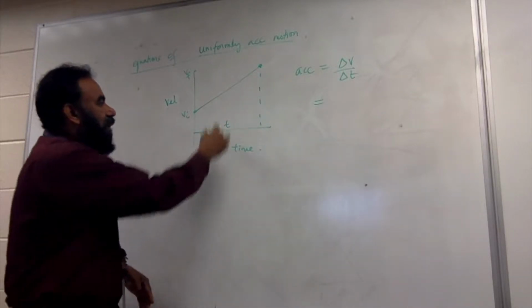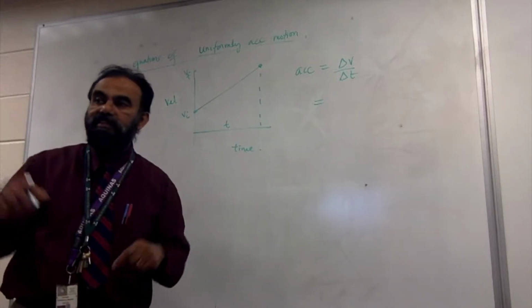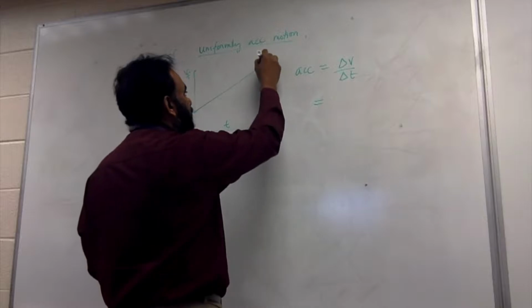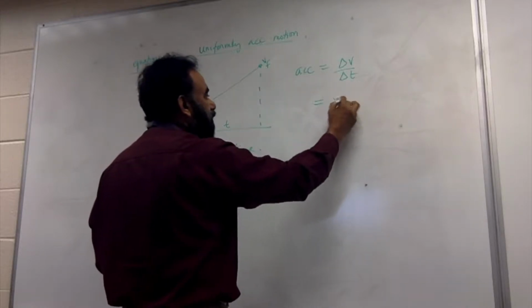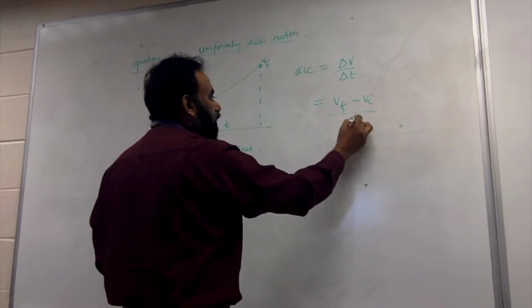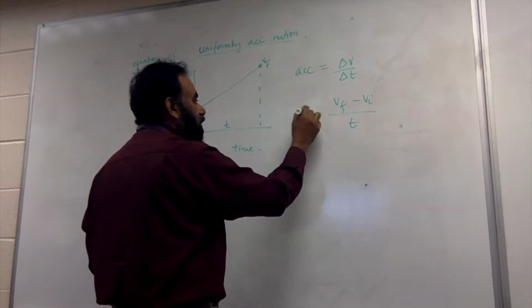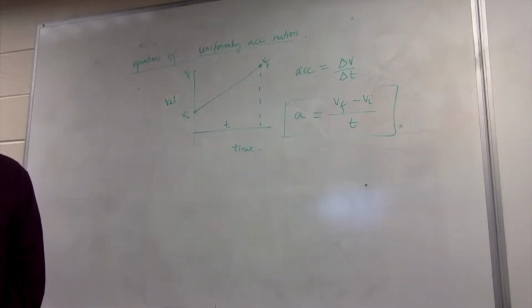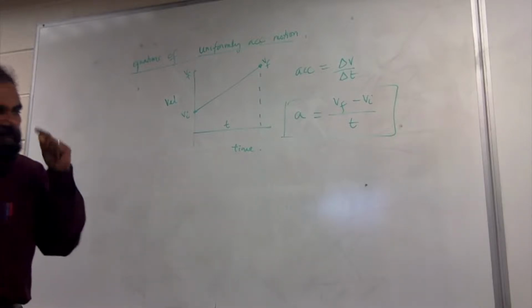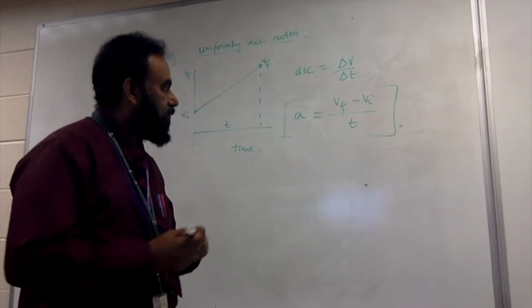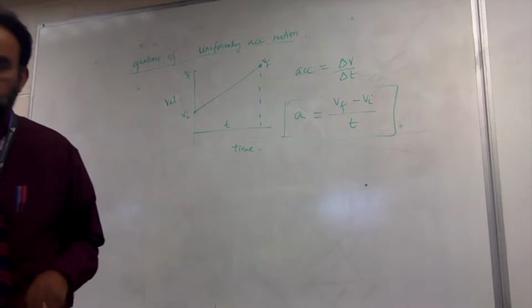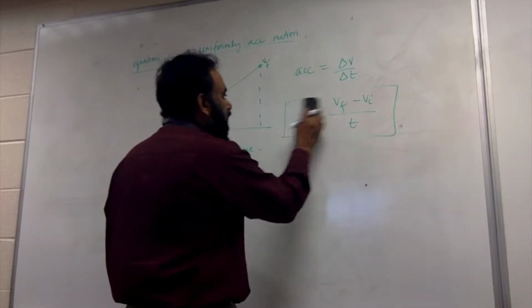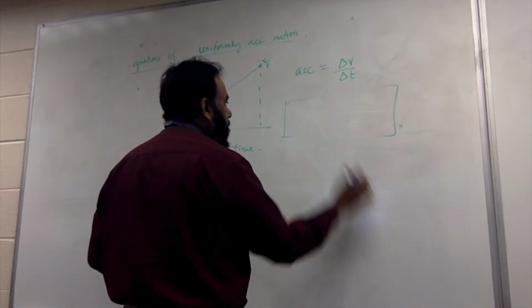But if something is moving up and down, then we have to talk about average acceleration, which is final velocity minus initial velocity over time. This is one of those equations of motion. Acceleration is equal to Vf minus Vi over time.